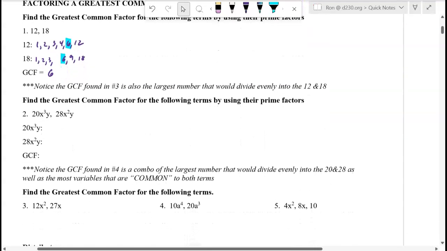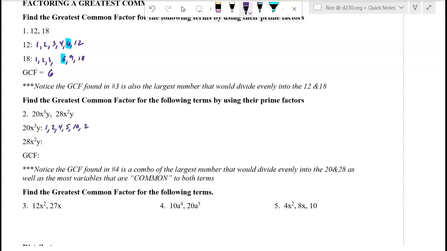Now, it doesn't get much different when we add variables in it, but if I list the factors of 20, I know 1 goes into 20, I know 2, 4, 5, 10, and 20. Now, for the variables, when I look at x to the third, the factors of x to the third are x to the third, x to the second, and x to the first.